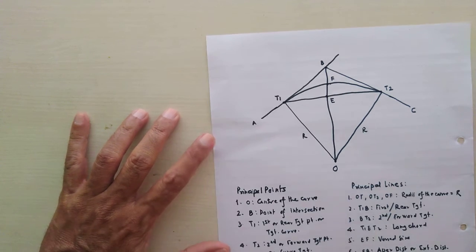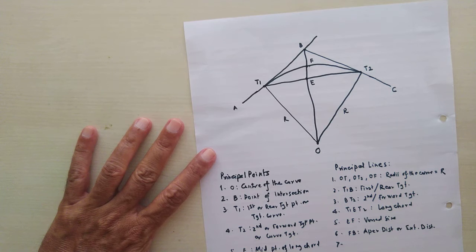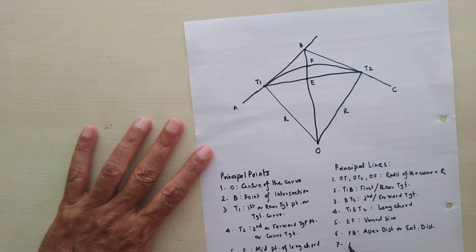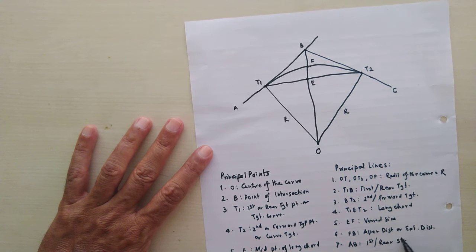And the last two important principal lines, with which we started drawing this curve, are line AB, which is called the first or rear straight to the curve, and line BC, which is called the second or forward straight to the curve.